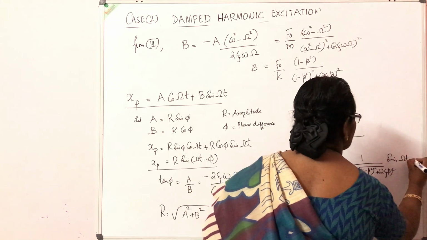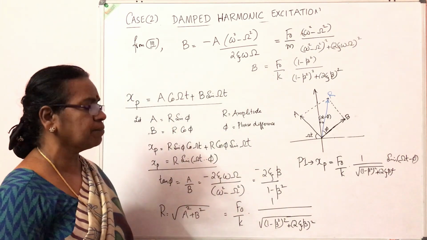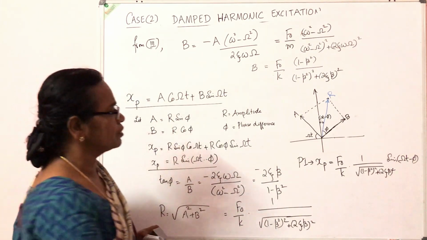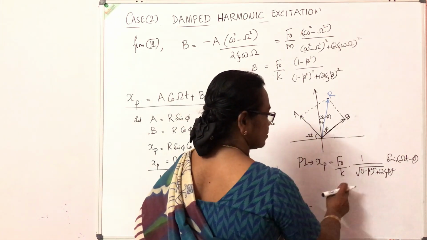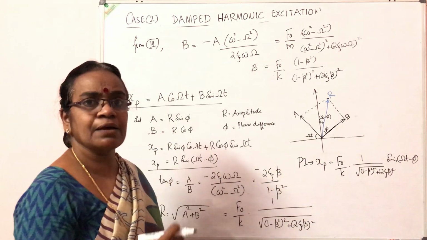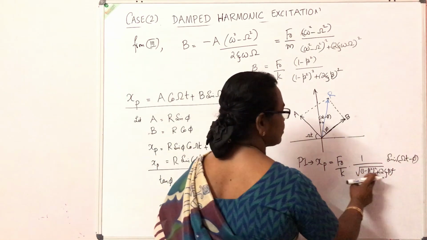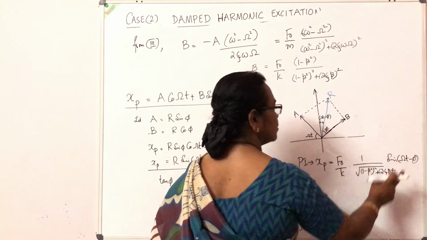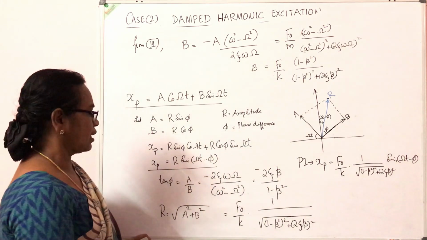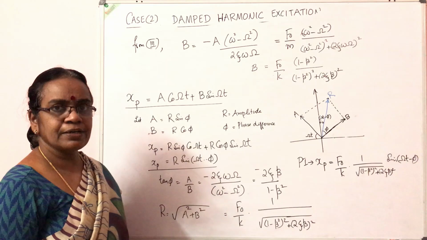So we have got a simple expression to remember. The particular integral is F0 by K, which is the static displacement, times the amplification factor or the dynamic magnification effect in terms of frequency ratio and damping in the system, and sine omega t minus phi, where phi is equal to tan inverse of 2 zeta beta by 1 minus beta square.